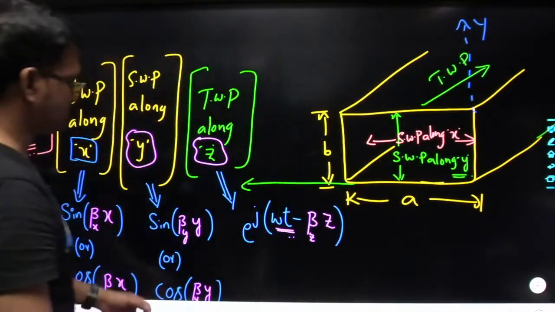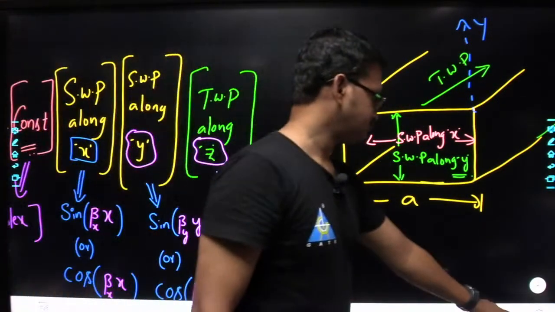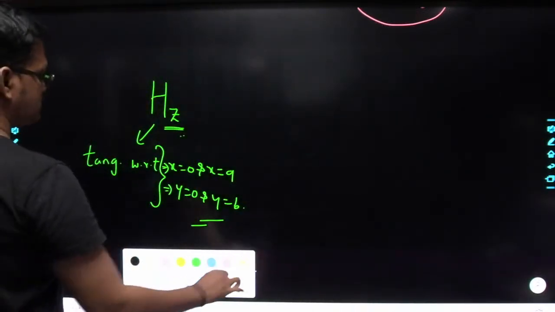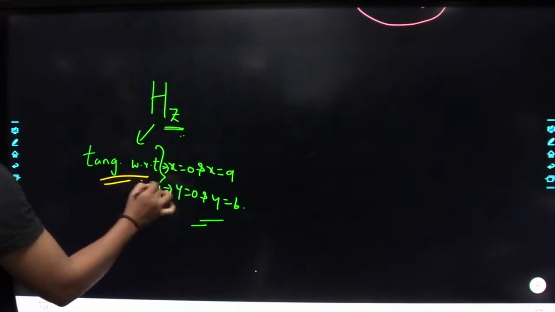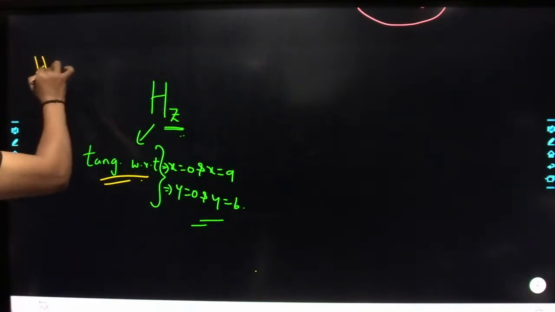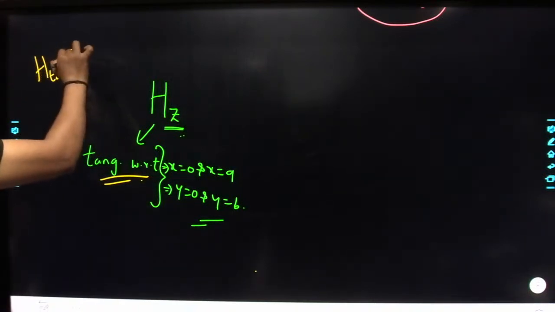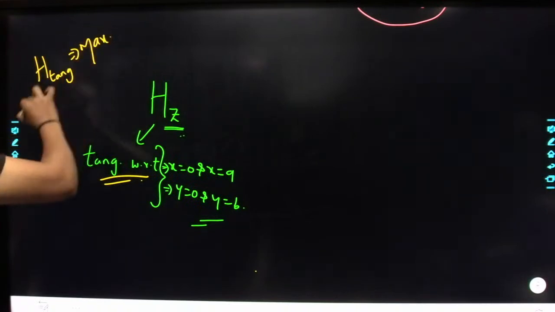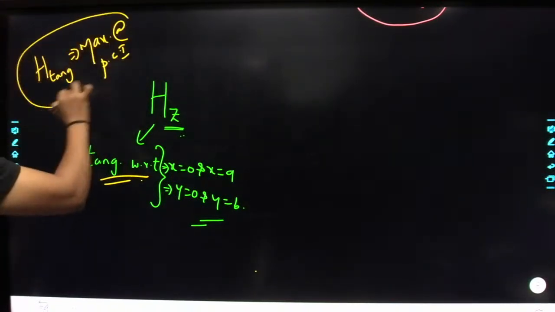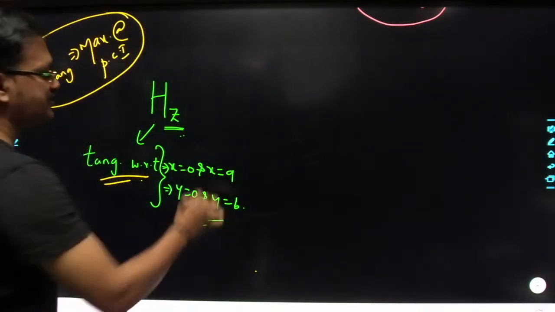So now see here, Hz is going to act like tangential with respect to x equal to 0 and x equal to a, and y equal to 0 and y equal to b. So we know that H tangential must be maximum at a perfect conducting interface. So Hz is equal to what?